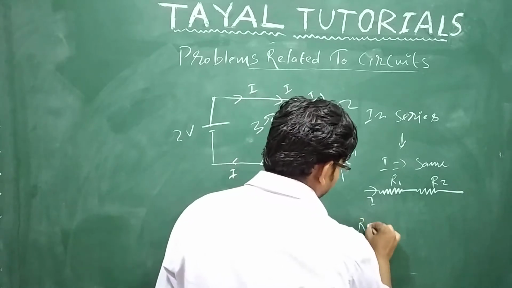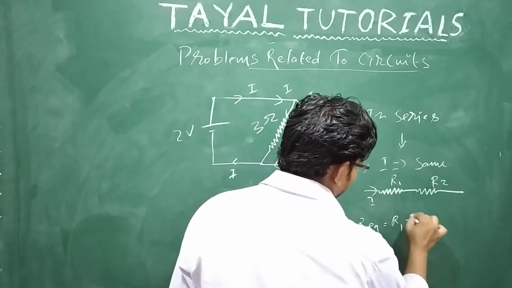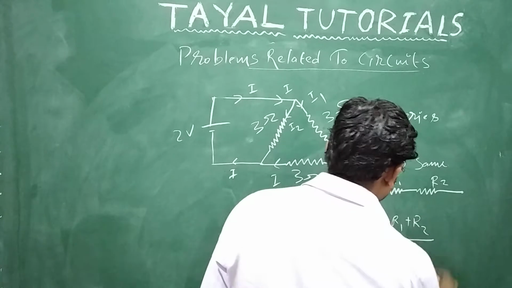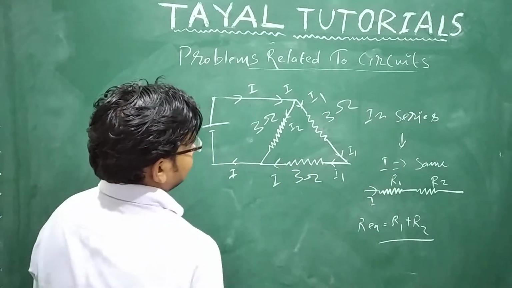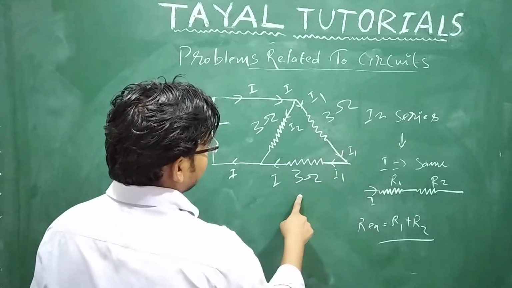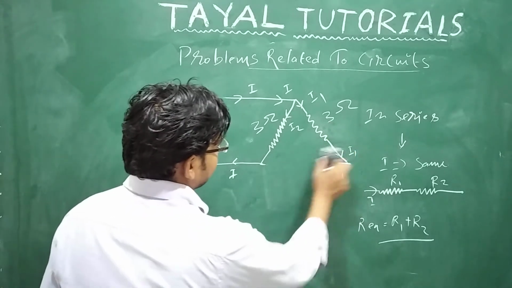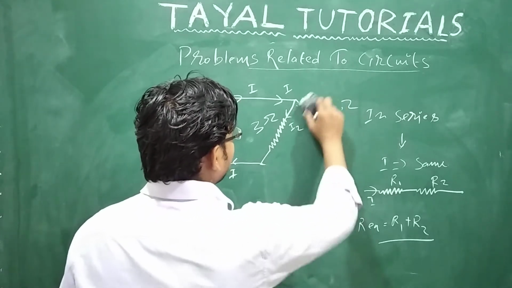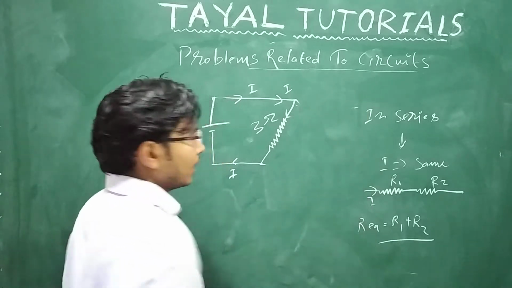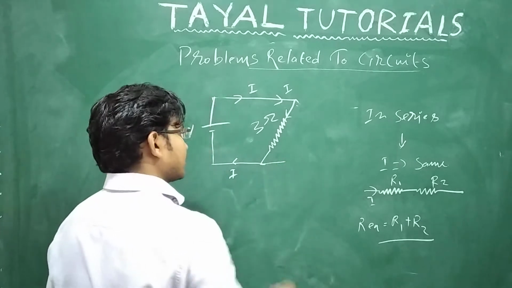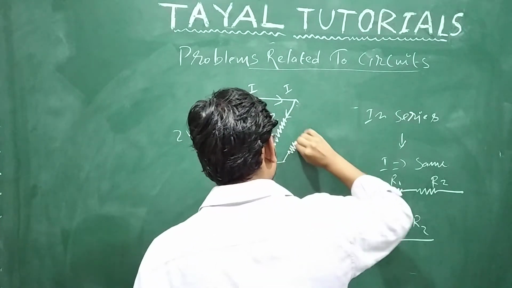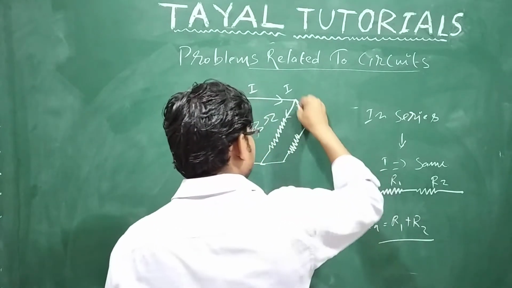So R equivalent we can write as R1 plus R2. So this 3 ohm and this 3 ohm will be in series. I am removing these 3 ohm and 3 ohm and writing the equivalent value of that resistance. These 3 ohm and 3 ohm are in series.